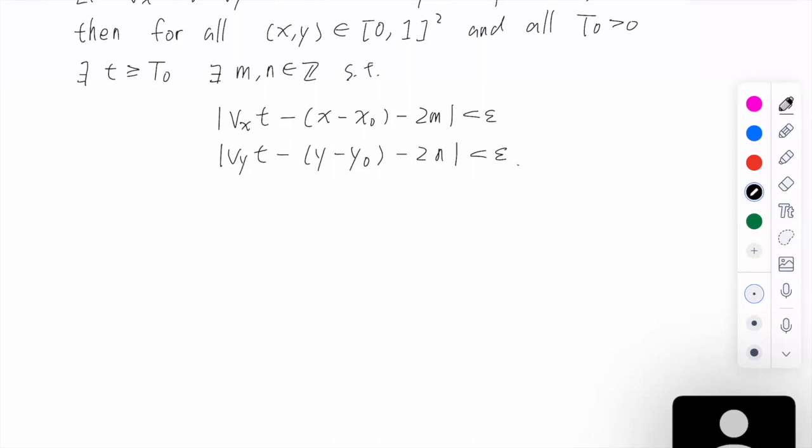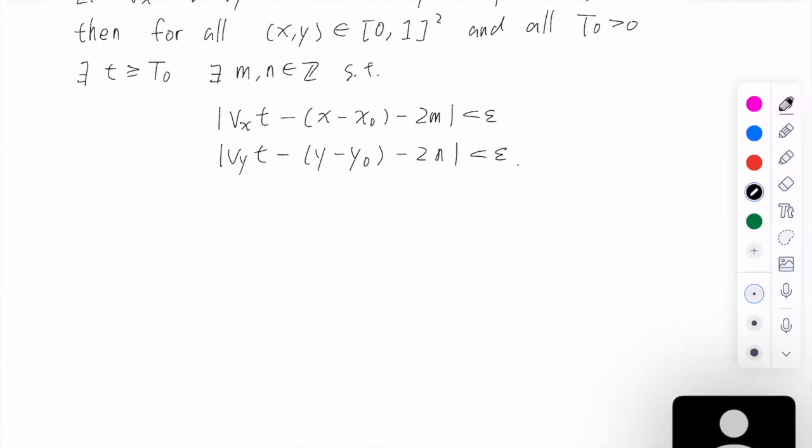What this means is that for every point inside the square, and for every time stamp t0, we can always find a point that is hit by the light after t0 seconds that is arbitrarily near the point we have chosen here.